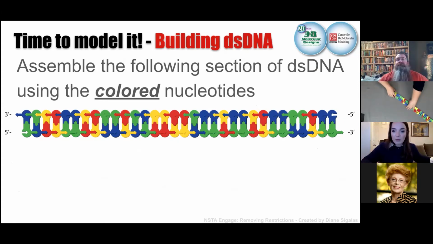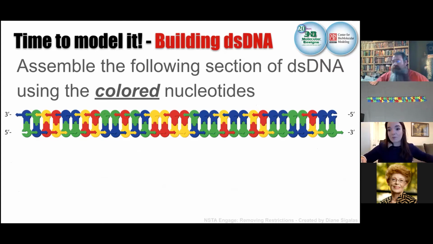Here's how I work this with my kids. I'll start off by giving them a picture and asking them to match this picture to their nucleotides. Eventually, I'll just be able to give them straight letters. The more times you repeat the process of using this model, the better they get at understanding Watson-Crick pairs, the double-stranded nature, 5', 3', and all of those wonderful things that we want them to get.